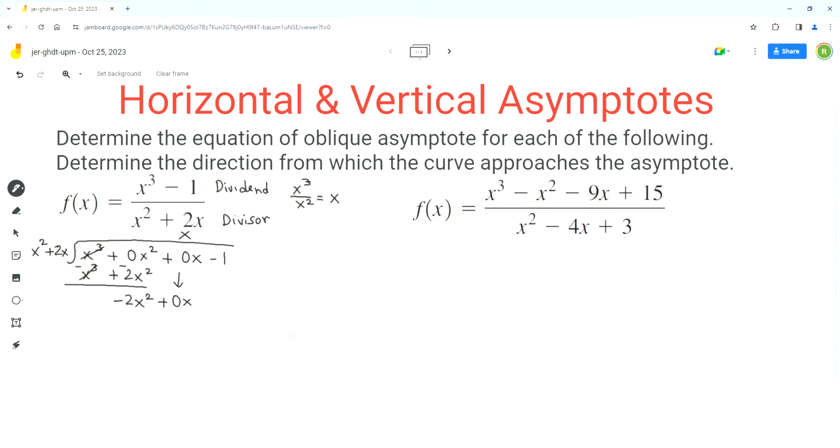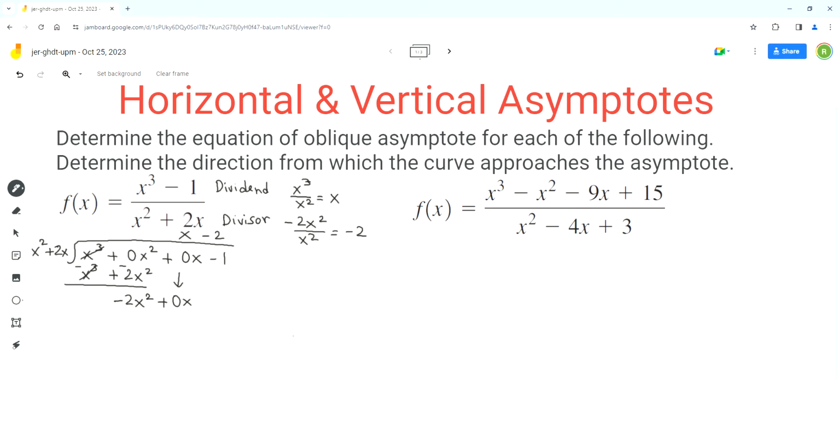Now we have to get rid of negative 2x squared. So we'll divide negative 2x squared by the first term in the divisor, which is x squared, which gives us negative 2. That's the second term in the quotient. Now we'll multiply negative 2 by the divisor.